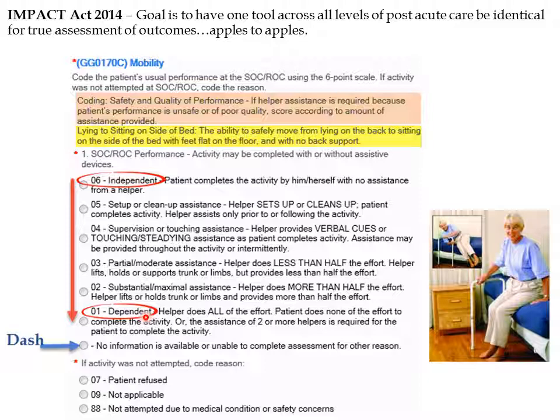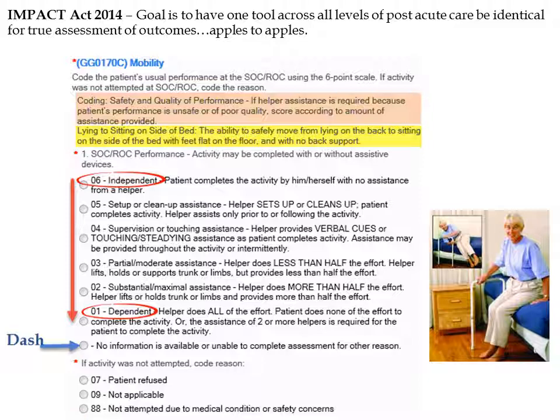There is a dash available for the option of no information is available or unable to complete the assessment for other reason. If the patient is not able to complete this mobility, then you have these options down here: patient refused, not applicable, or not attempted due to medical condition or safety concerns.